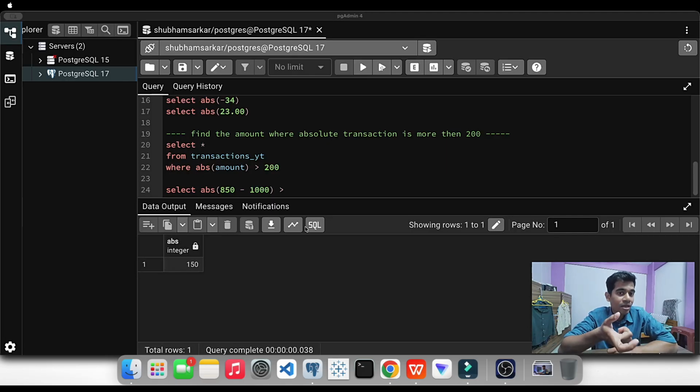As you have seen, for a decimal you get the same number, for an integer you get the same number but without the minus sign. That's it. From this we also get the second point, we have seen how the negative sign is removed. Third, we have seen the use of the absolute function in a real life scenario. And yeah, that's all about the absolute function in this video.